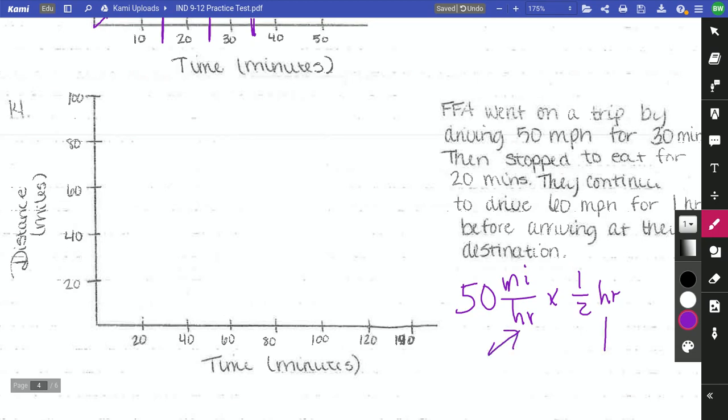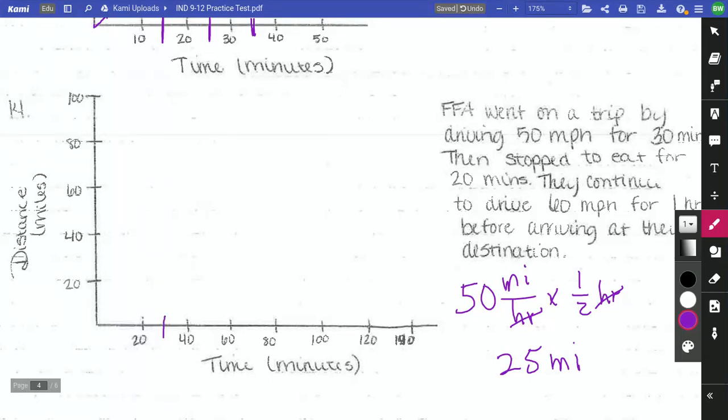So our time needs to be in hours. So 50 times a half. And if you want to notice, I think it's pretty cool, you could cancel hours, and 50 times a half is 25. We canceled the hours, the only unit left is miles, 25 miles. So that's how far she went. You could just do it in your head though.